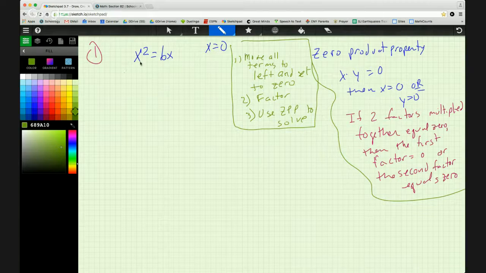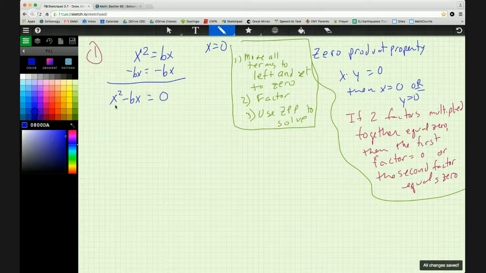The first thing we do is move everything to the left. The way you do that on this problem is to subtract 6x from both sides. So on the left, you get x squared minus 6x equals 0. Now we're going to factor this.